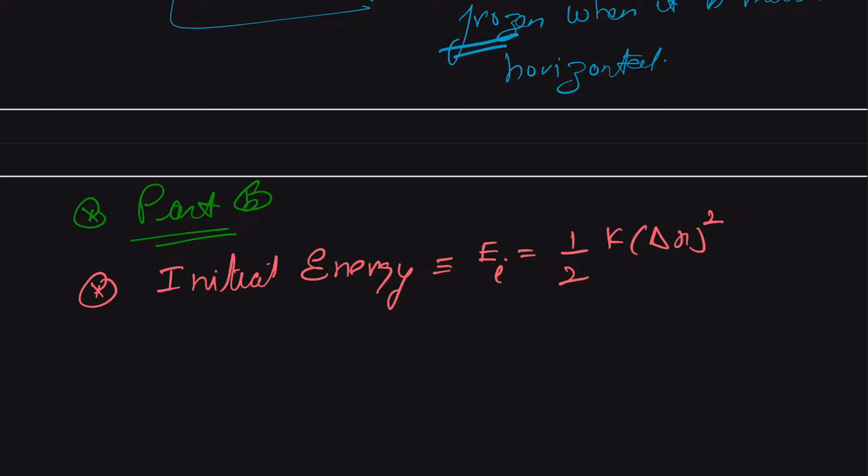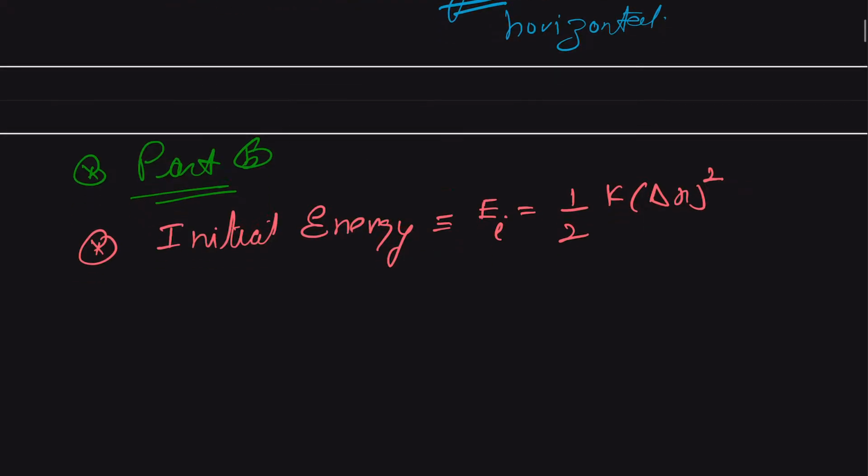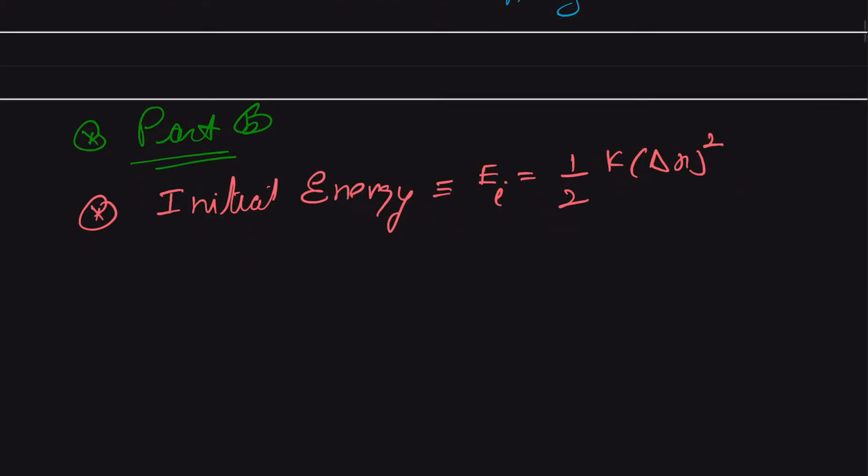So this is the initial energy that is stored in the spring, and this energy will be released when the spring is released. Now we come to our energy at the turning point.